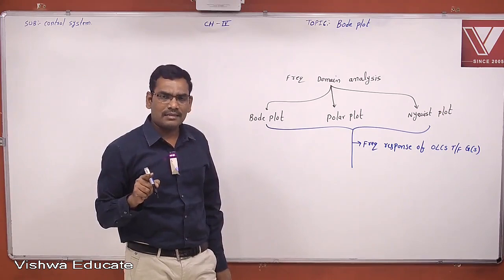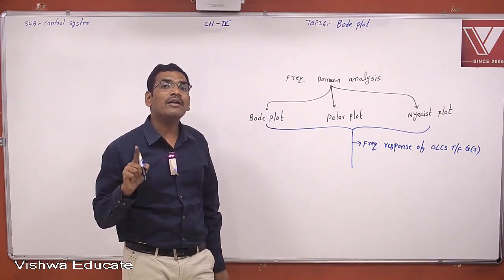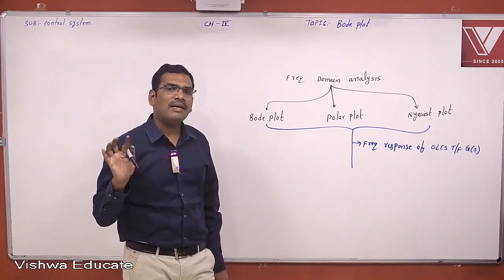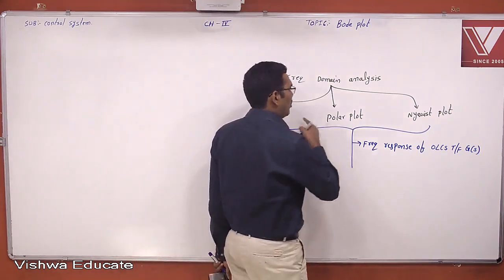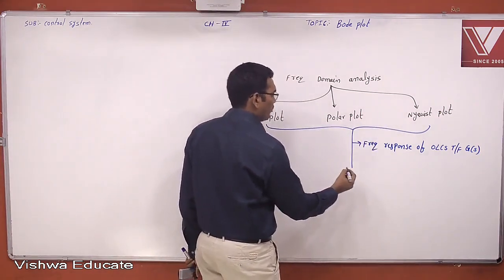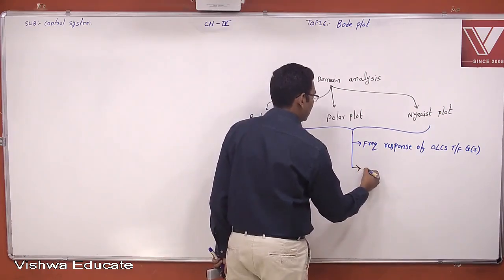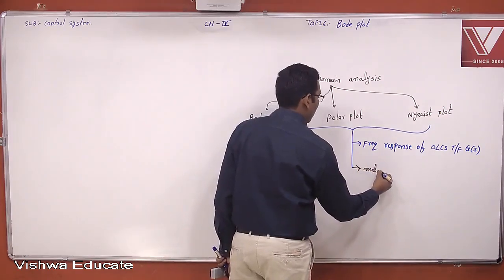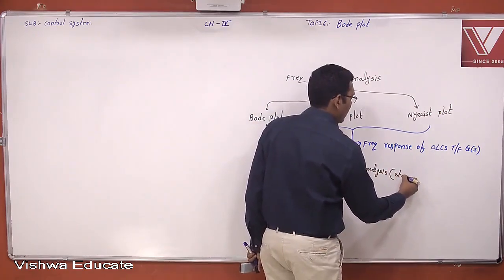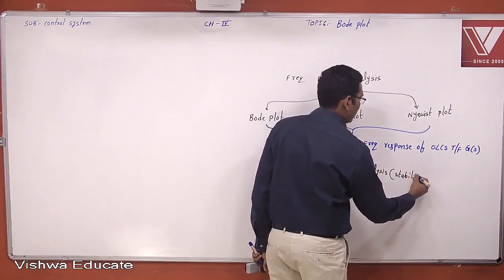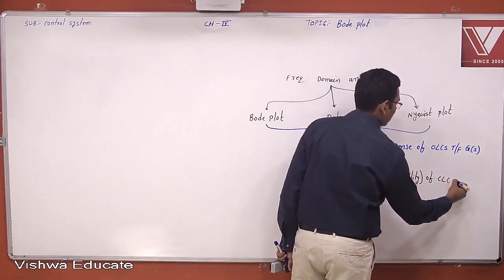In all the topics in the subject, we are taking only the open loop transfer function, but everywhere we want to do the analysis of the closed loop control system. So all these plots are the frequency response of the open loop transfer function. From these plots, we will do the analysis or stability analysis of the closed loop control system.